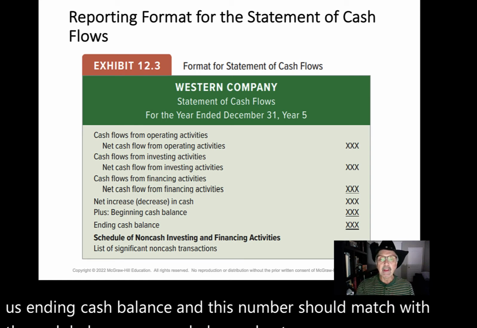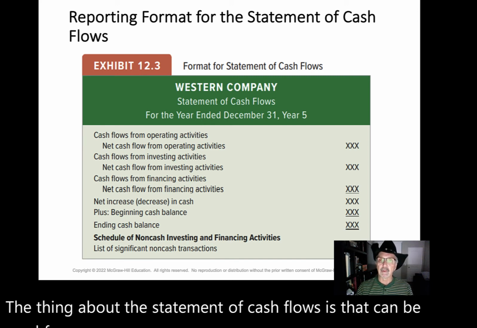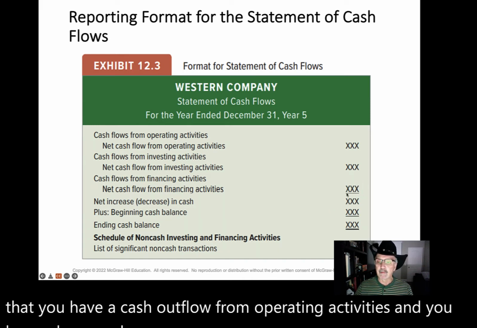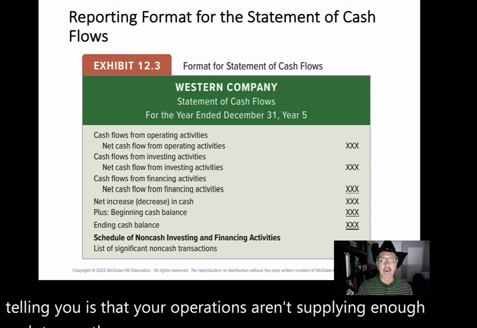Now, the thing about the statement of cash flows is it can be used for a lot of different things. One thing might be if you see that you have a cash outflow from operating activities and you have a large cash inflow from financing activities, what that's telling you is that your operations aren't supplying enough cash to pay the bills and you're borrowing to do that.